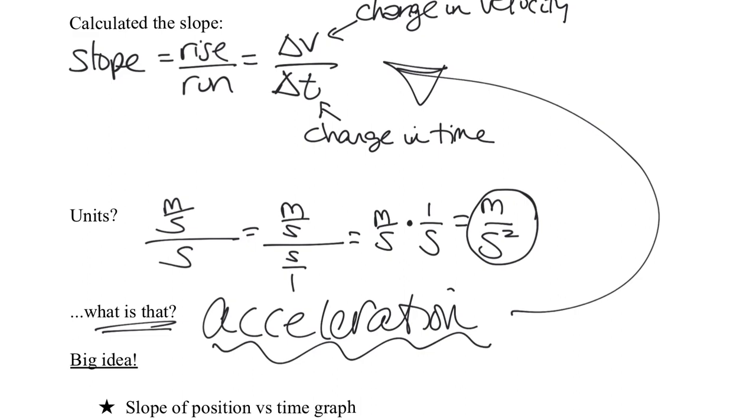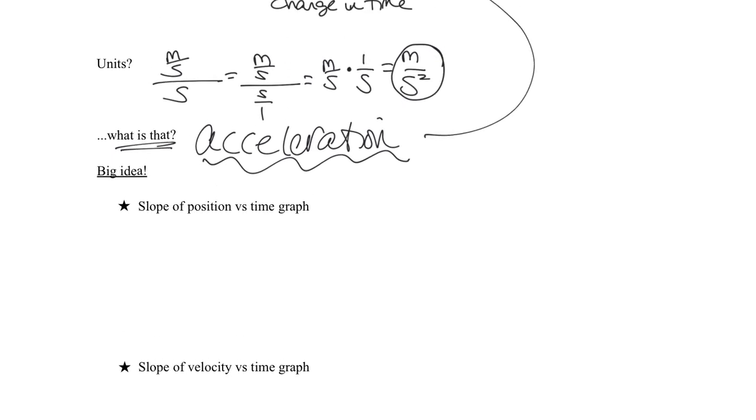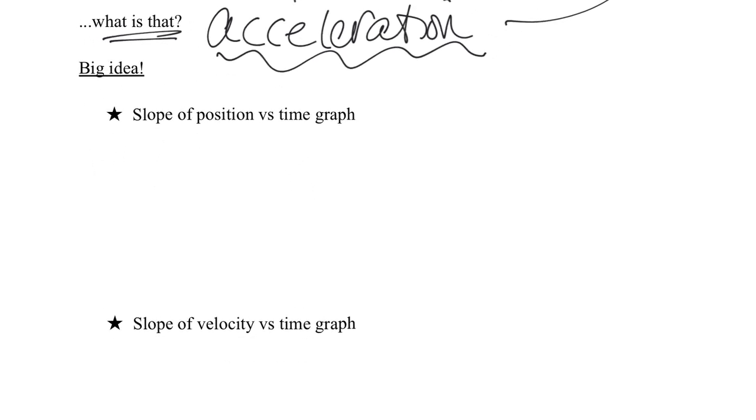Okay, so we're going to just summarize that real quick. The big idea was that the slope of the position time graph, think about that. Position is x. Time is t, right? So the slope is delta x over delta t. And what was that?